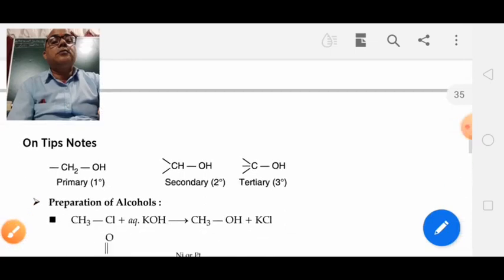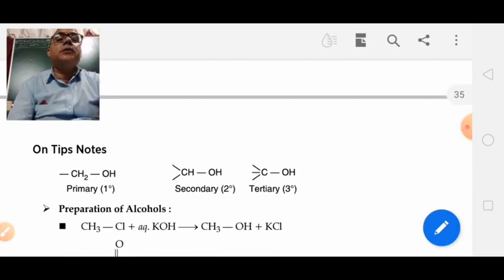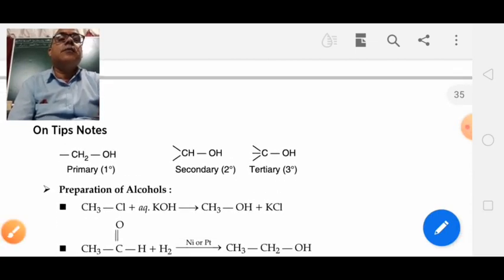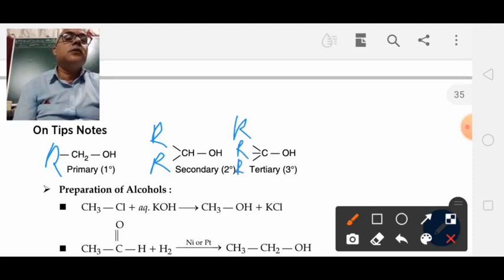Now here are primary, secondary and tertiary alcohols. In primary alcohol, one alkyl group is attached. In secondary alcohol, two alkyl groups are attached, and in tertiary alcohol there are three alkyl groups attached. This is the tertiary alcohol.